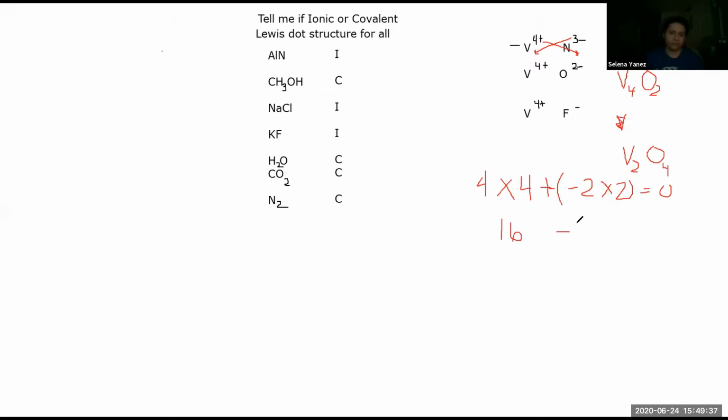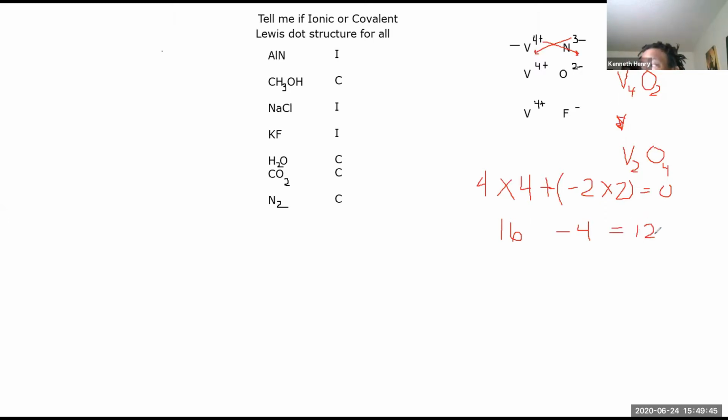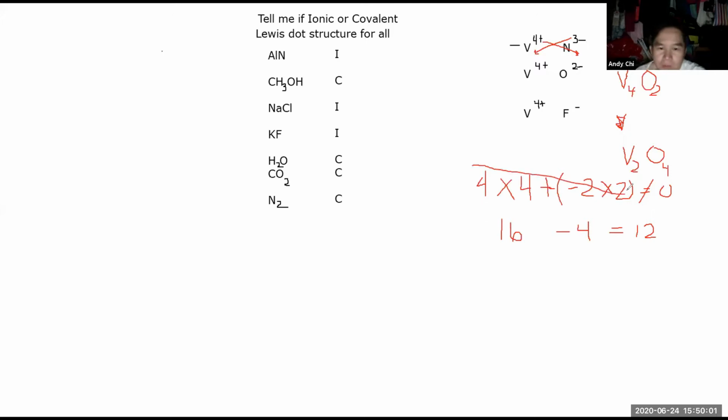So 16 plus -4 is 12. Is that true? Yes. Okay, good. So we can establish that this does not equal 0. So is that balanced? No. Okay, good.